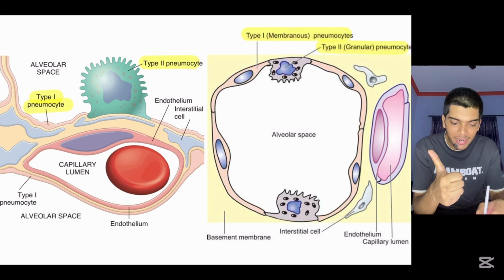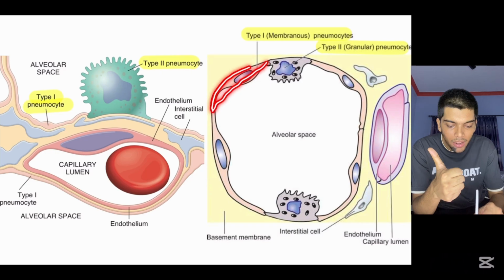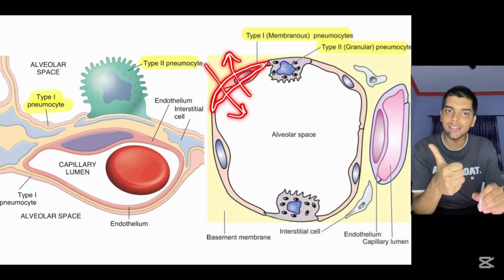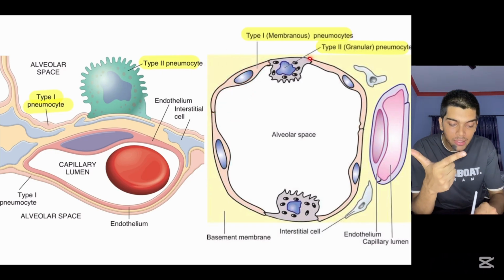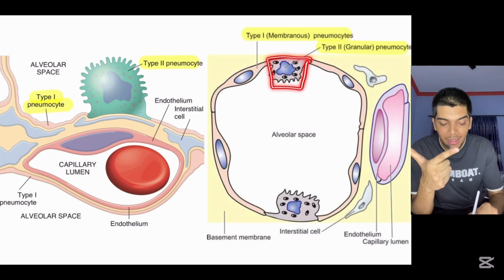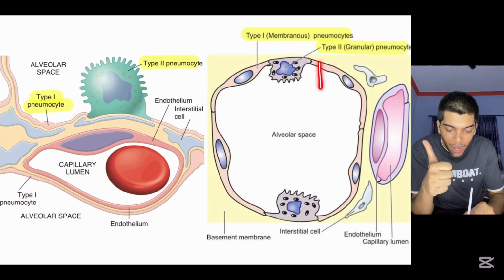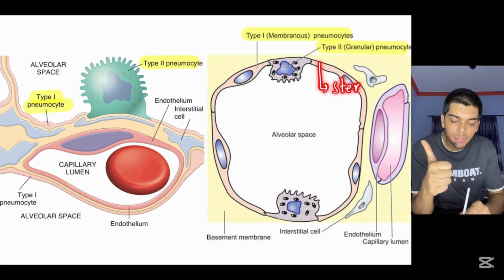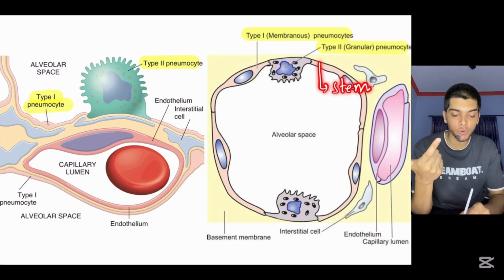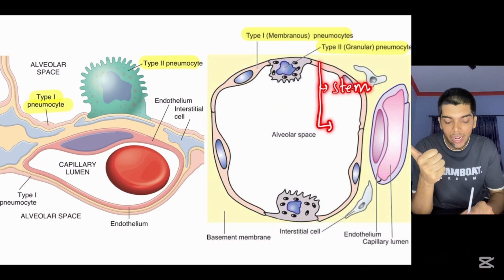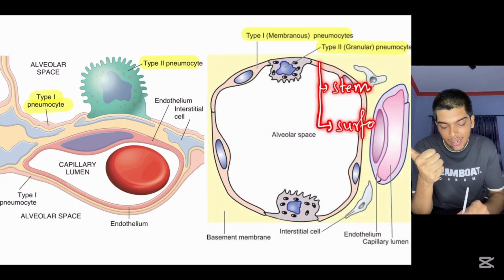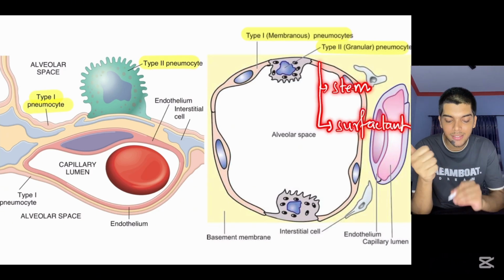Type 1 pneumocyte is flat and it allows for the exchange of gas. Type 2 pneumocyte, on the other hand, is cuboidal, granular, and it has two major functions. Number one, it is a stem cell, that is, it gives rise to other pneumocytes. And number two, it produces surfactant, which reduces surface tension.